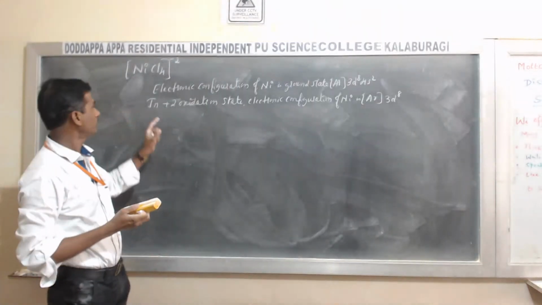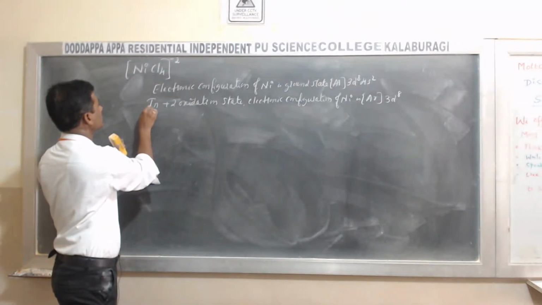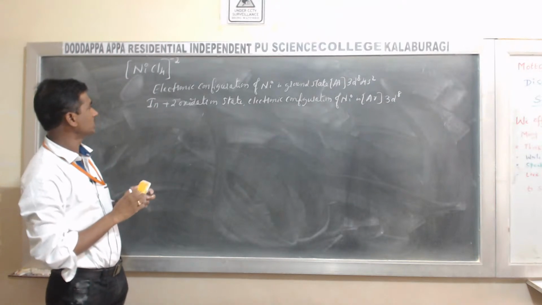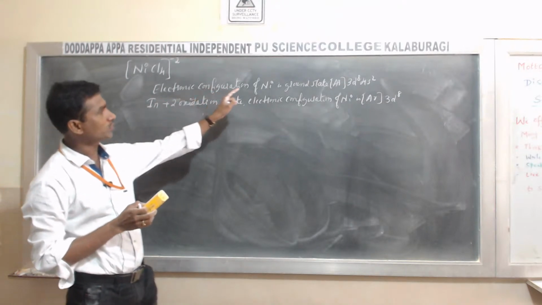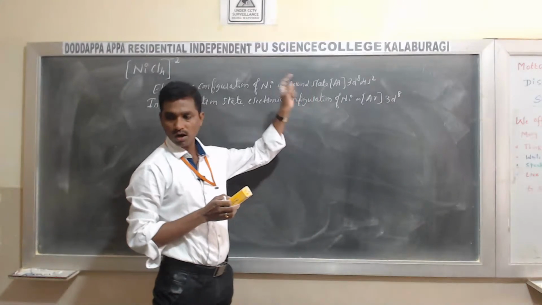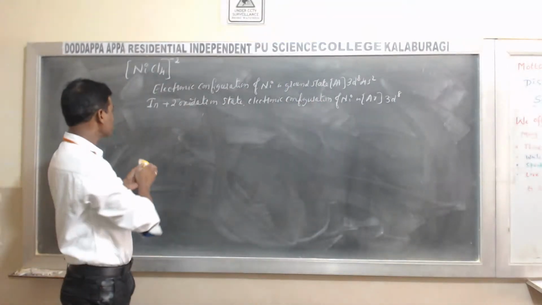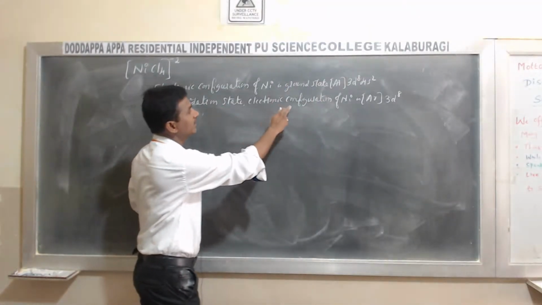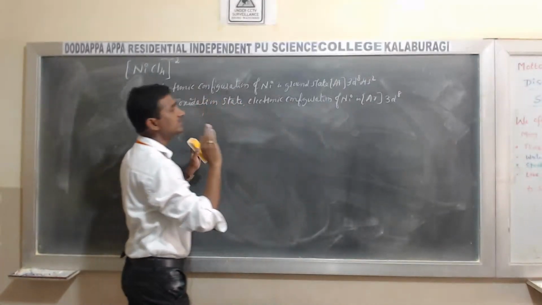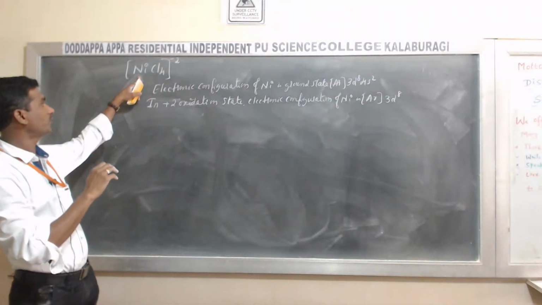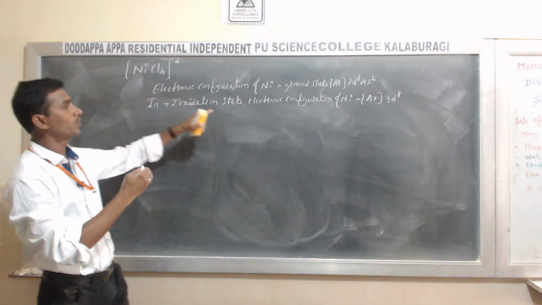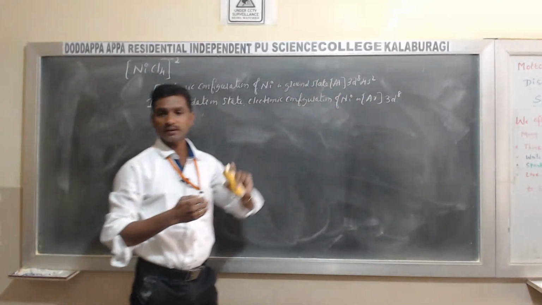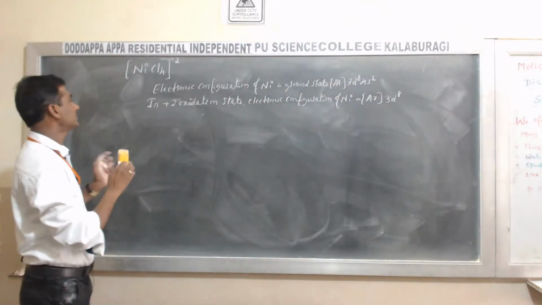Why not 4s2? The electronic configuration of nickel in the ground state is argon 3d8 4s2. In +2 oxidation state, the electronic configuration of nickel is 3d8. So the oxidation state of nickel is +2, which means you have to remove electrons. So this is 3d8.